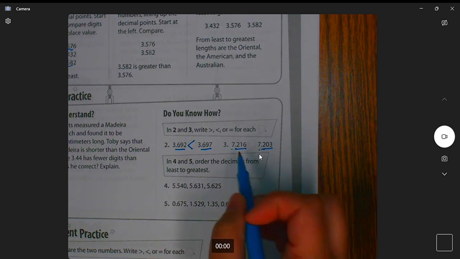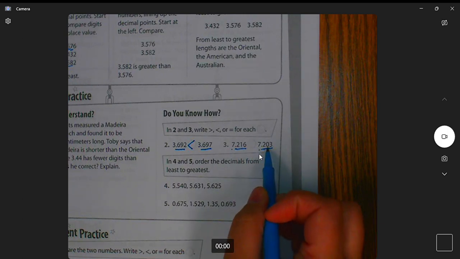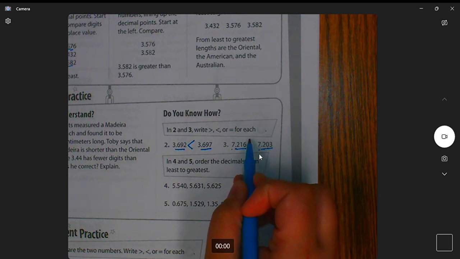Yeah. 1, 0. Do my hundredths equal each other? No, they don't. Which one is greater? You're right. 7 and 216 thousandths is greater than 7 and 203 thousandths.